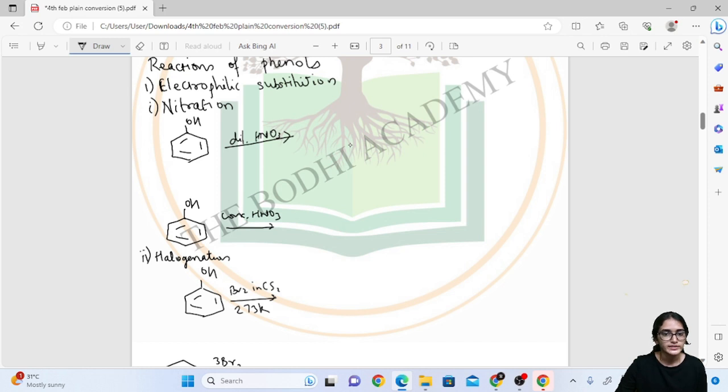Okay, so when you treat phenol with dilute nitric acid, we are going to get a mixture of two products. Okay, so I will get these two products, that is one is ortho and one is para.